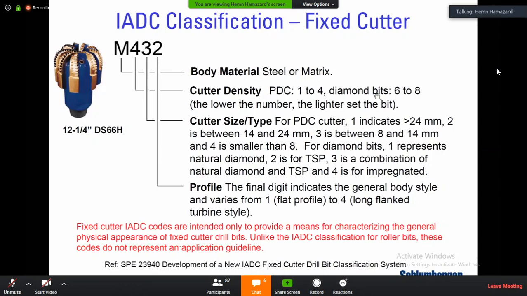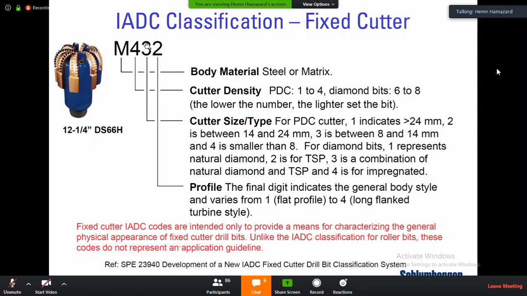1 to 4 for diamond bits, 6 to 8. That means the lower the number, the higher set the bit. And then you have the third digit, the cutter size and type. Okay, so 1 indicates any cutter bigger than 24 millimeters. If it's 2, that means it's between 14 and 24.